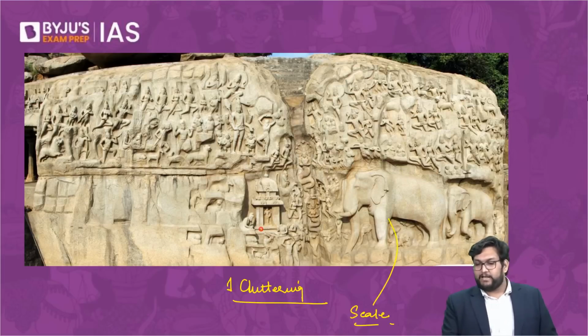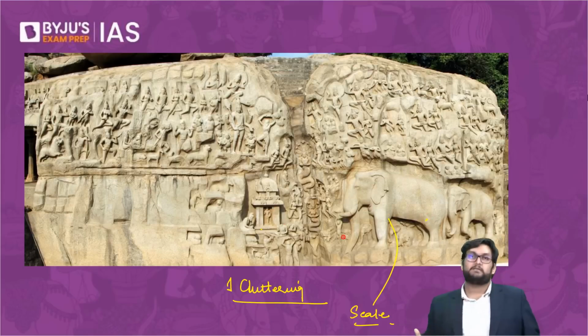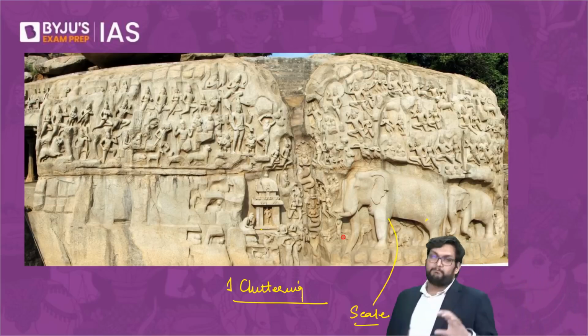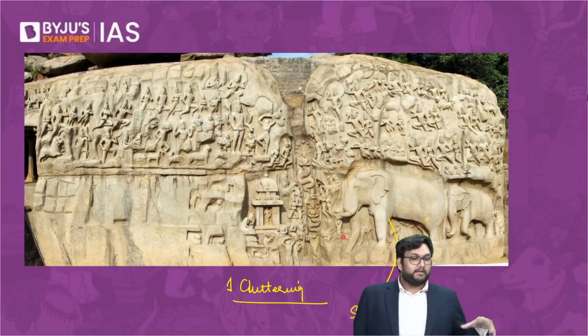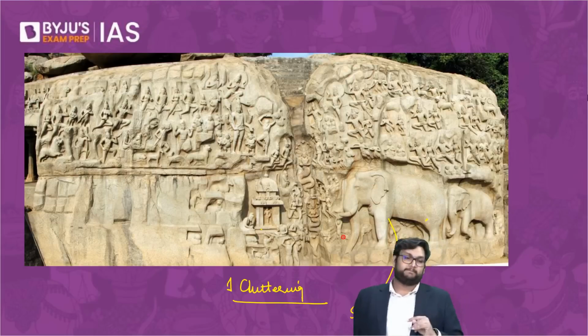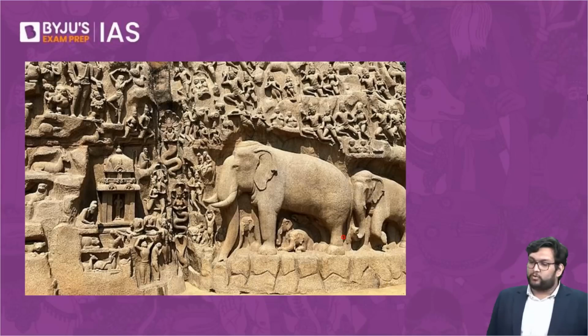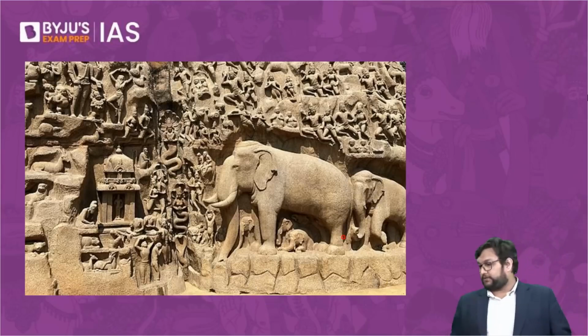Somehow this temple is smaller than the elephant, and the elephant somehow is bigger than most of the things. Further, they have tried to push a multi-point perspective, which makes it even more problematic. And therefore, though they are known for their sculpture aspect, scale and cluttering become an issue.